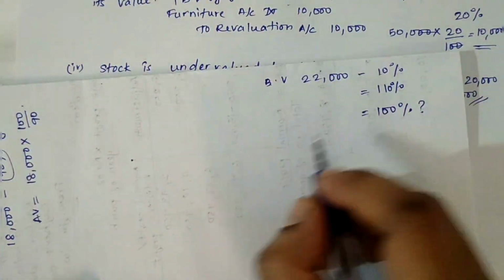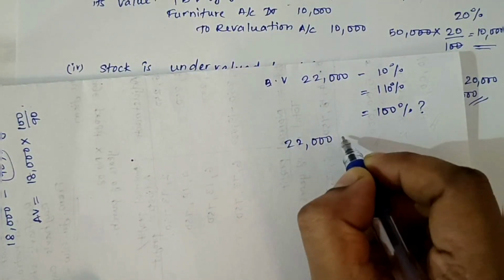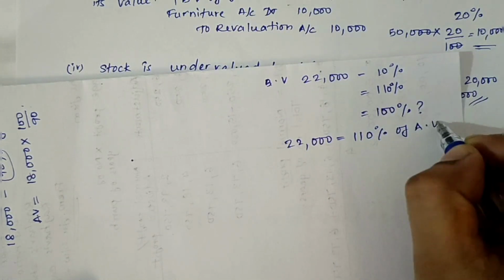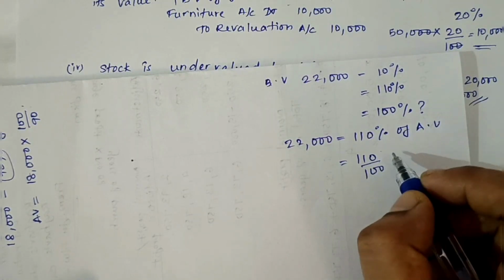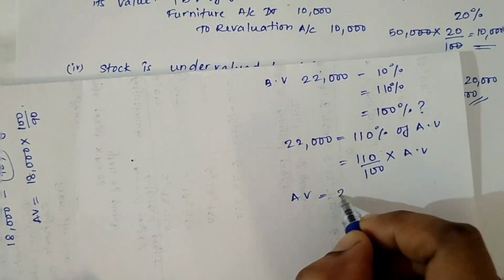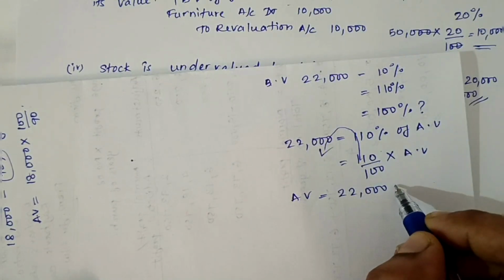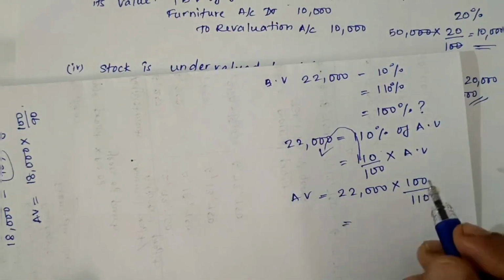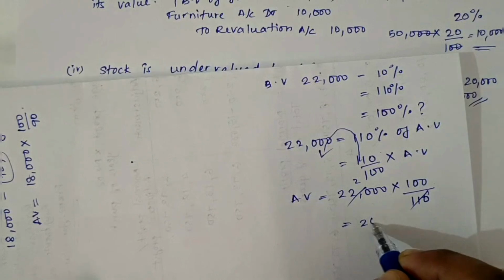Same as before, this 22,000 is 110% of actual value, which means 110 by 100 of actual value. So actual value is equal to 22,000, and when this 110 goes this side, it becomes the reciprocal, 100 by 110. This is how you find the actual value. It is 20,000.